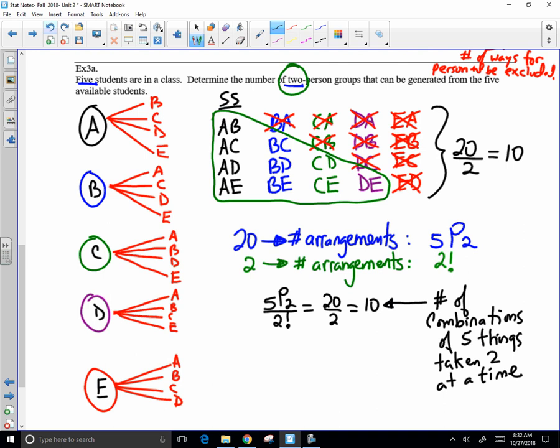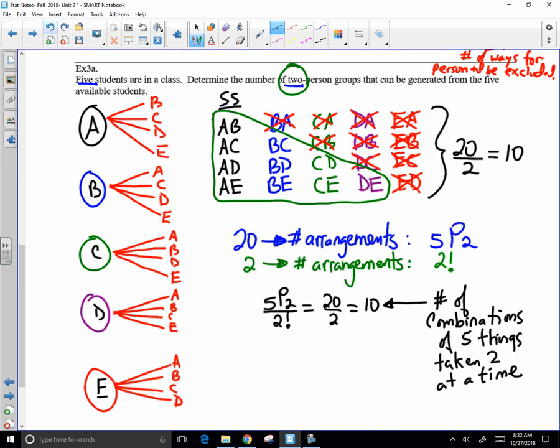In fact, the phrasing of questions is very similar from a permutation question to a combination question. So what distinguishes one from the other? The classic way of explaining it is that the order matters in a permutation. The order does not matter in a combination. That's kind of an oversimplification, but it's a good place to start, I guess.